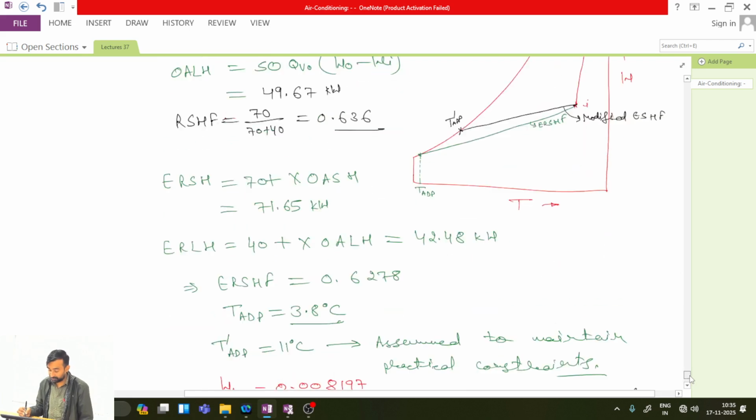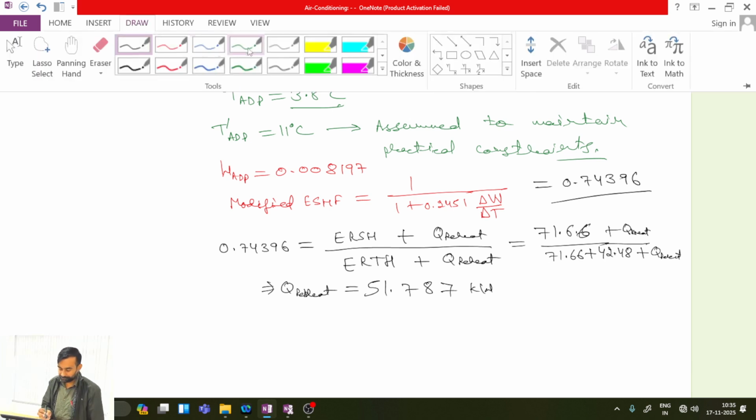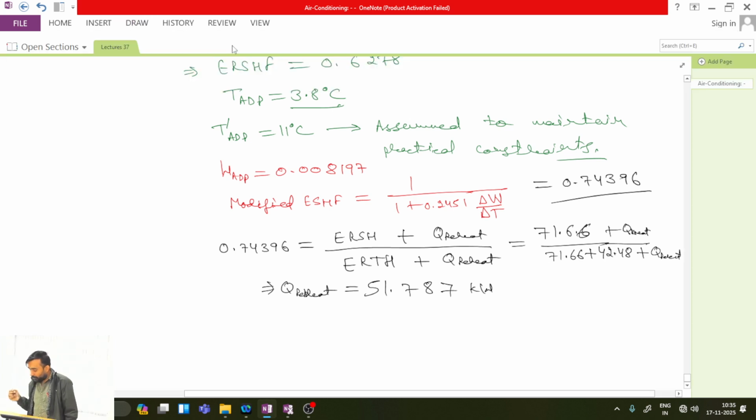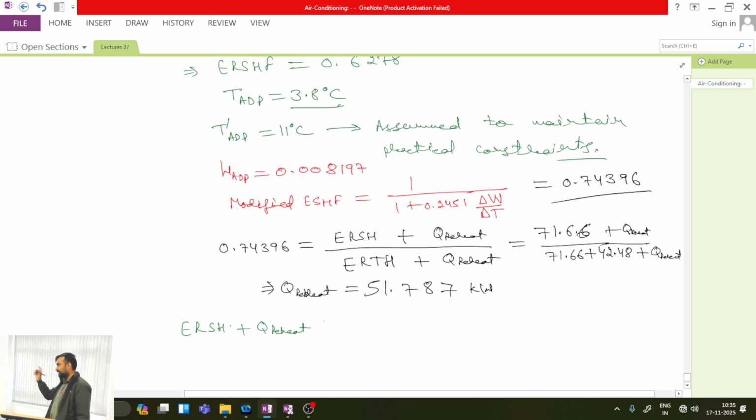Remember this point very, very carefully, how it will now help us solve the problem. Now, on this modified line, what is the actual sensible load? The actual sensible load is ERSH plus Q reheat.